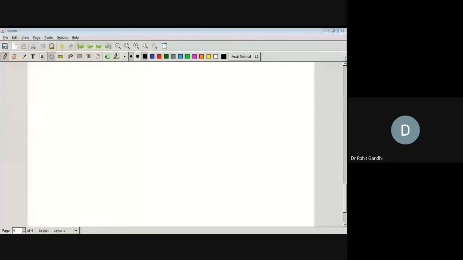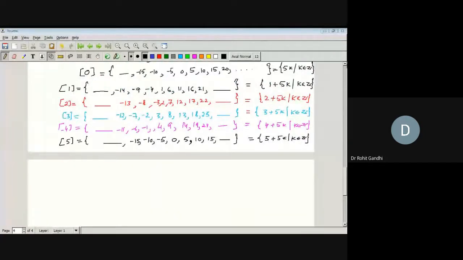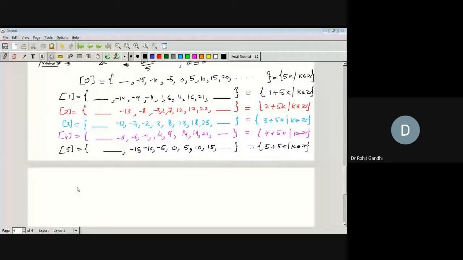Now the last one, I will write not more than this: the equivalence class of 6. So what will it be? कौन बताएगा? गुरलीन कौर. Yes, Gurleen.